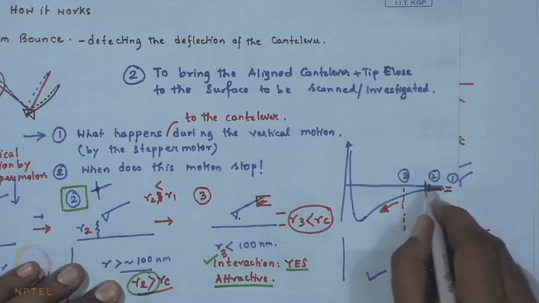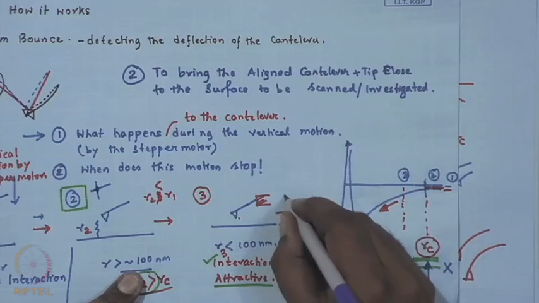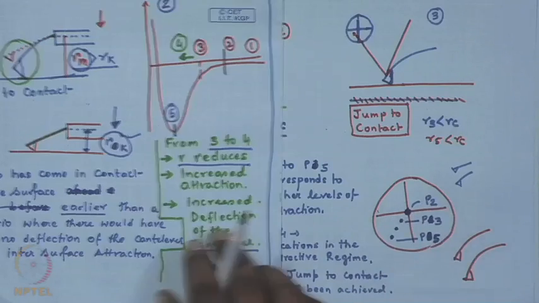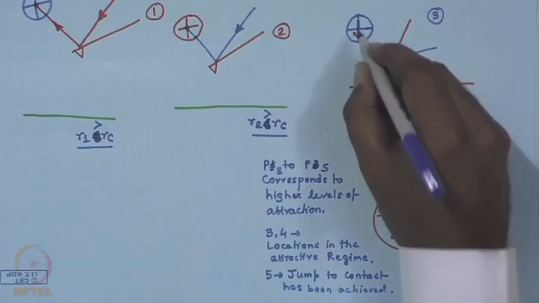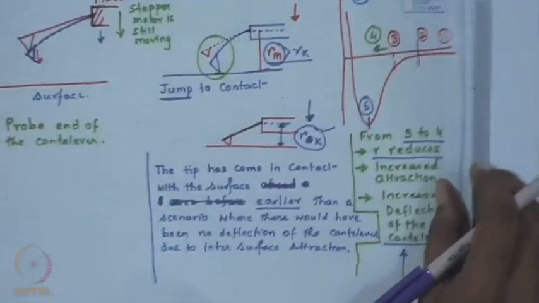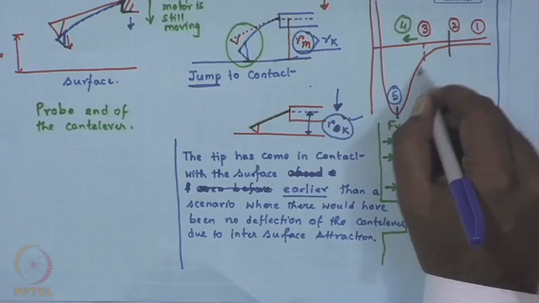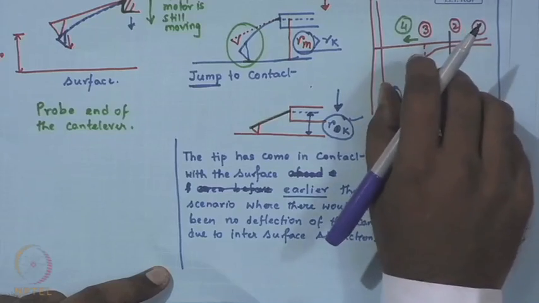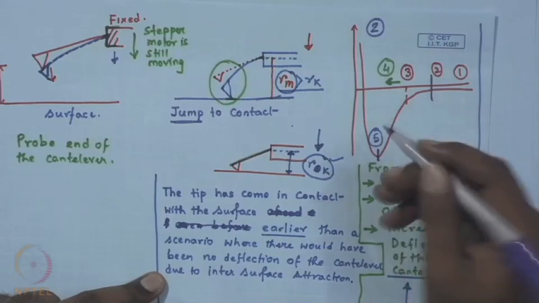Now, you come to a separation distance which is closer than RC. So, consequently, your cantilever now experiences an attraction. The moment it starts experiencing an attraction, the laser spot also shifts its position from the center or its aligned location, and then by virtue of the motion of the stepper motor, you bring the tip even closer to the sample surface. Two things happen. First thing is the separation distance reduces, the magnitude of the attractive interaction increases.